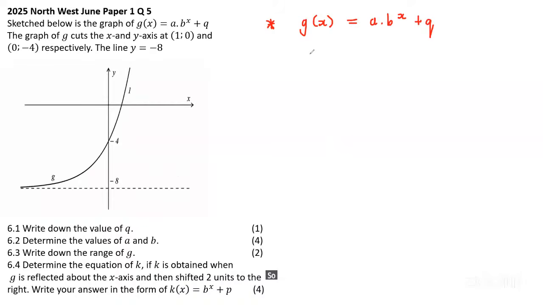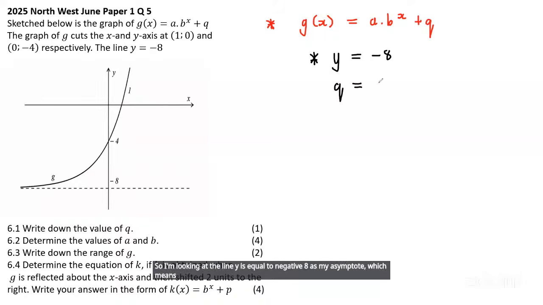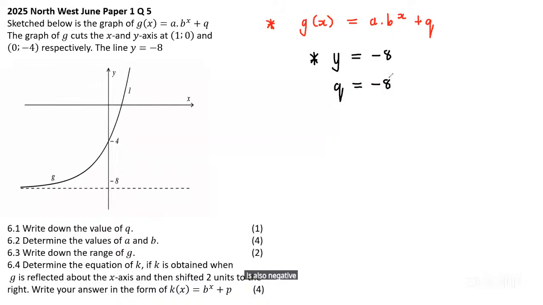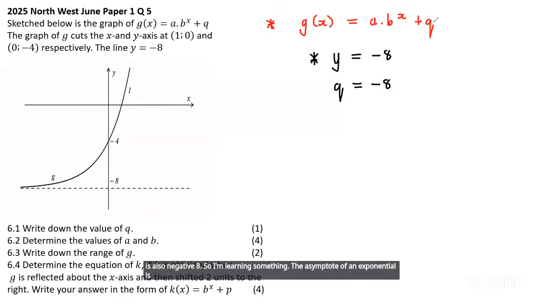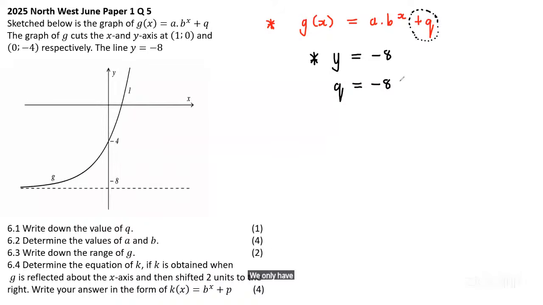So I'm looking at the line y is equal to -8 as my asymptote, which means the value of q is also -8. So I'm learning something: the asymptote of an exponential is literally the value of q. And for an exponential graph, we only have one asymptote, which is the y asymptote.